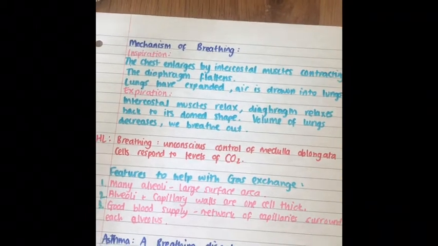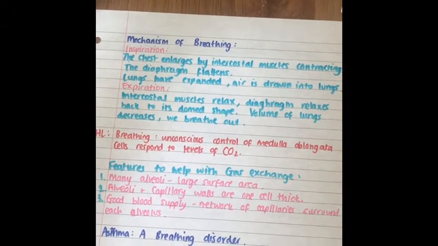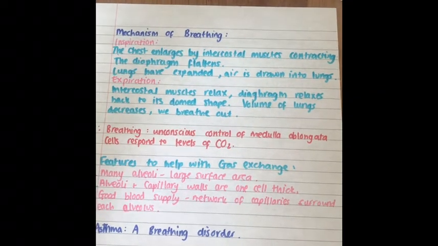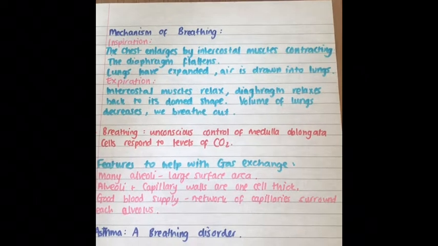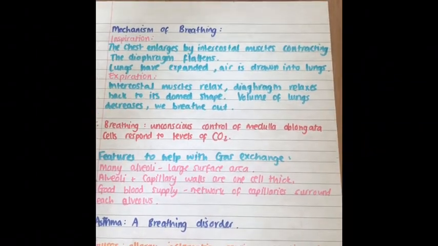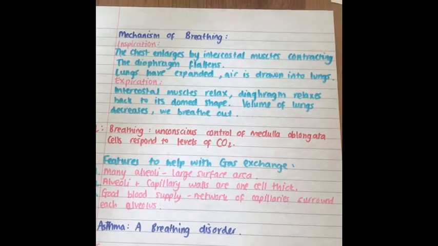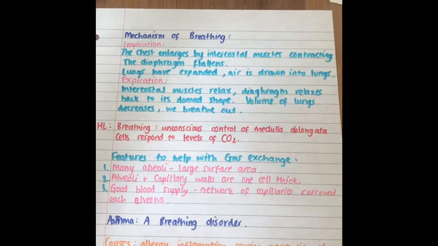So when we talk about inspiration, the chest cavity enlarges because the intercostal muscles and the ribs come up and out. So when we breathe in, you can feel your chest cavity going out. That's because our intercostal muscles are bringing the ribs up and out with them. And our diaphragm flattens.